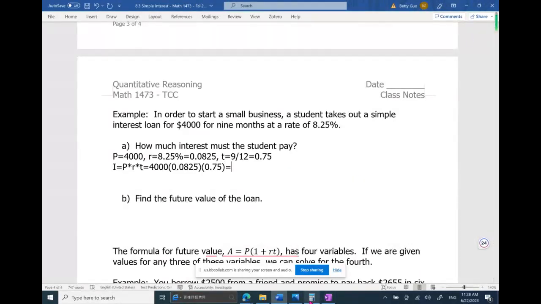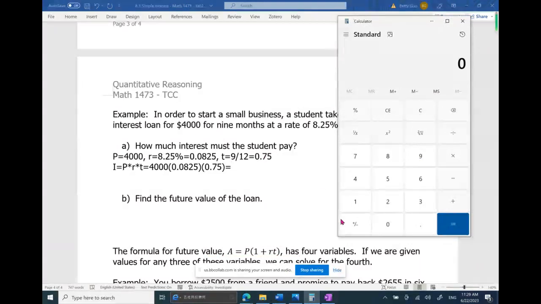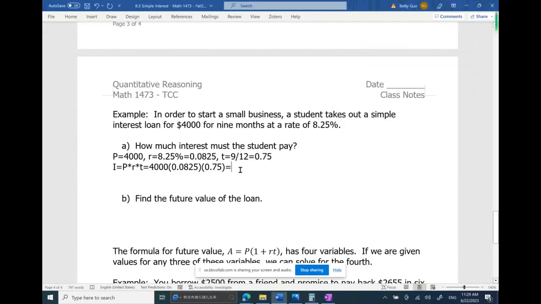Okay, let's do the calculation. 4,000 times 0.0825, and then times 0.75 equals 247.5. $247.50.